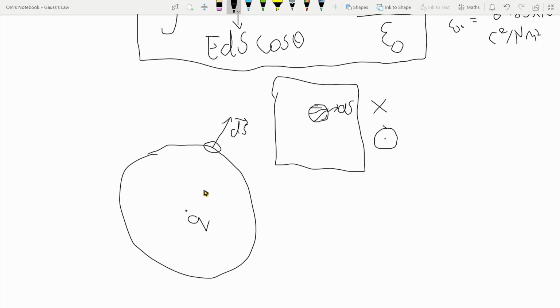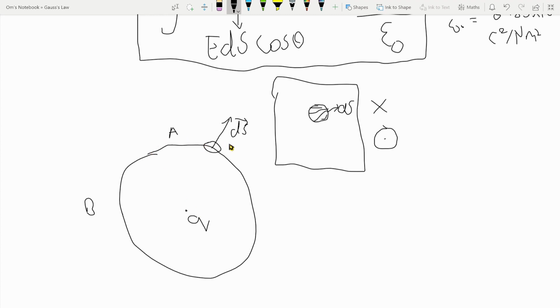And I'm going to make an argument of symmetry over here. You can see that there is absolutely nothing to distinguish one point from another on this sphere. Suppose I wanted to say that this point A is special, I'd have to justify why it is special. And you'll see that there is no particular reason to say that this point A is special from, say, this point B. So I conclude that all points of this sphere are equivalent.